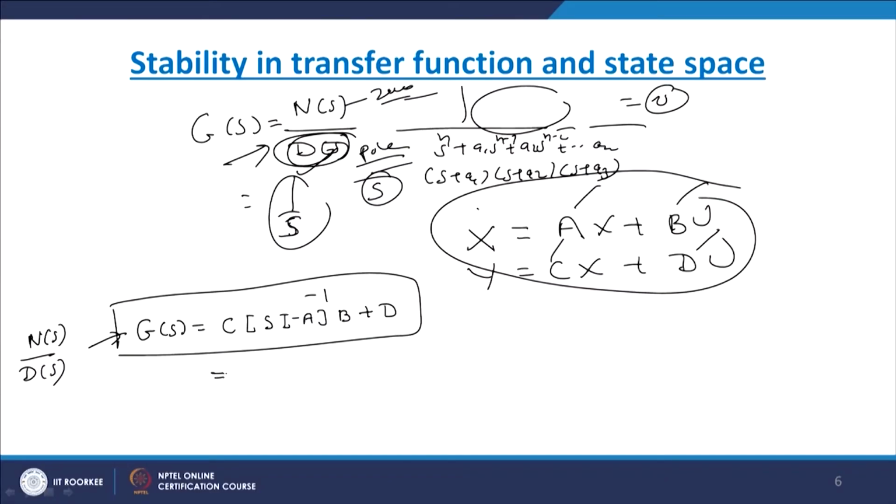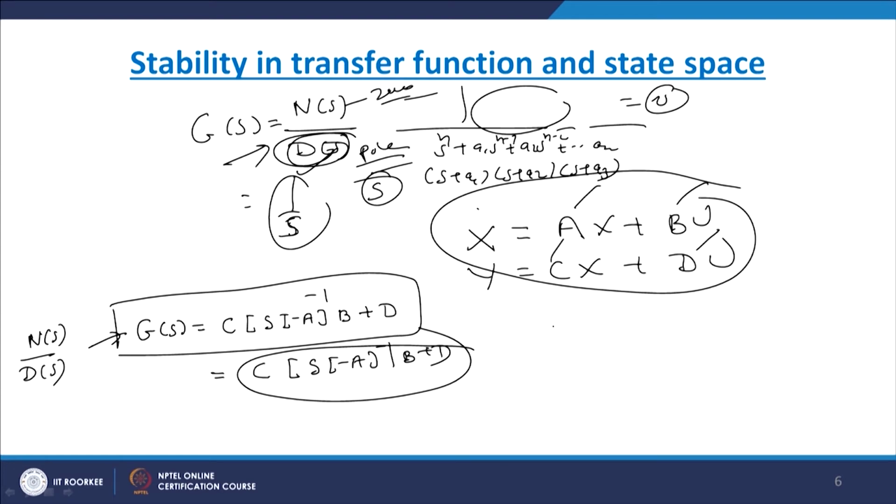Now we solve this equation, C (sI minus A) inverse B plus D. How do you solve this? This (sI minus A) inverse we can write in terms of adjoint and determinant.